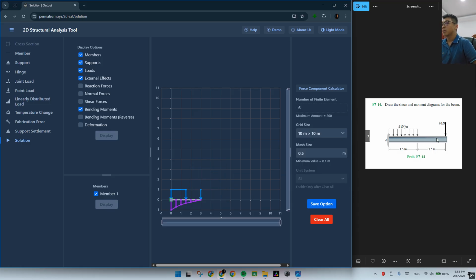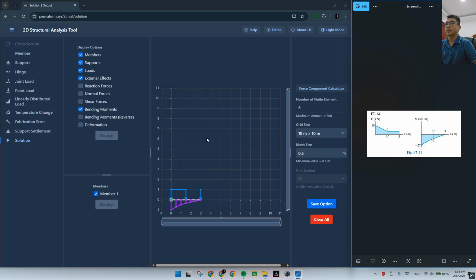To check whether the answer is correct or not, let me show you the answer. This is the original answer from the textbook. Here is the shear diagram. We see that it is the same, from 18 to 6, and it stays constant to the last point.